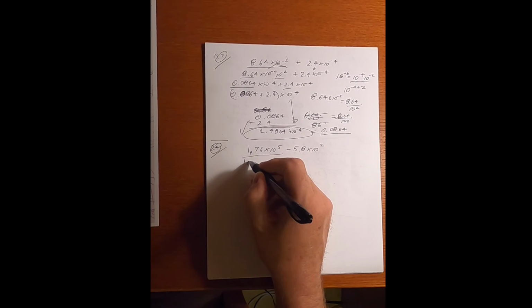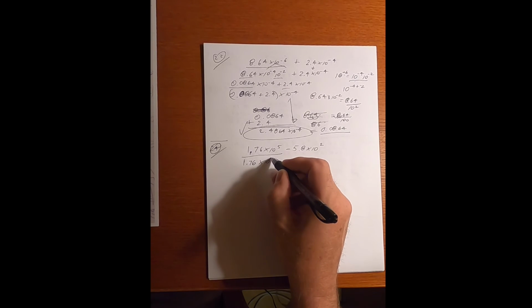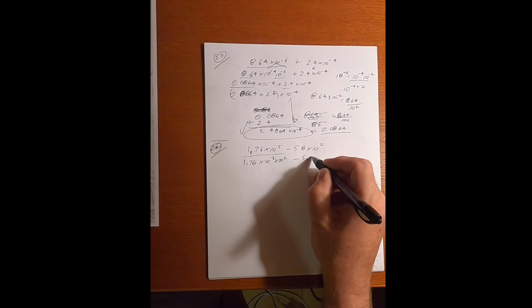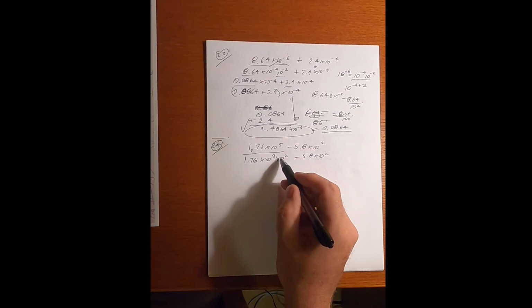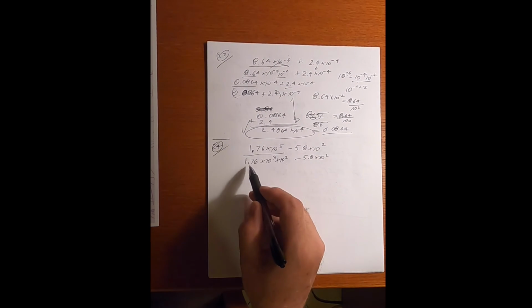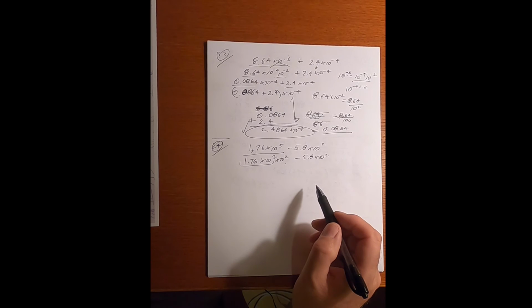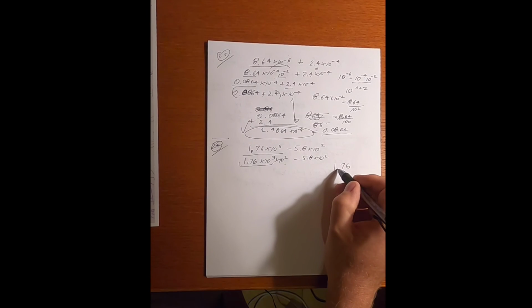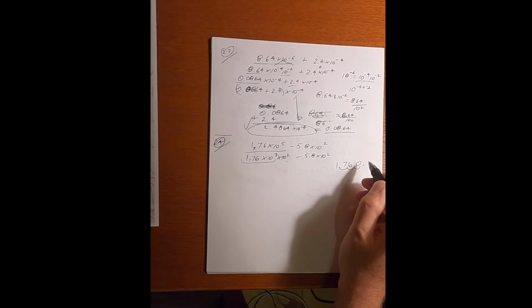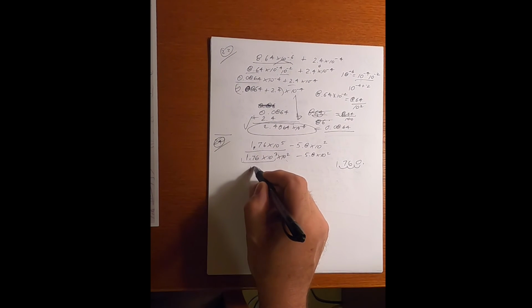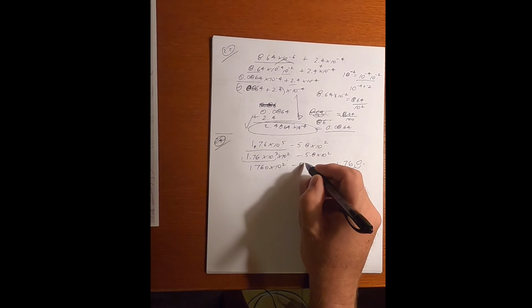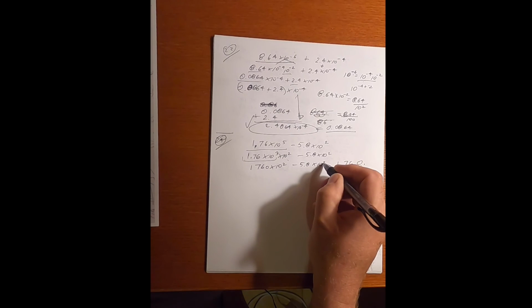Anyways, 1.76 times 10 to the 3rd times 10 to the 2 minus 5.8 times 10 to the 2. So I got these. Now, what happens when I deal with this? Okay, well, that's 1.76. I'm going to move the decimal 1, 2, 3 places, a much bigger number. So this becomes 1760 times 10 to the 2 minus 5.8 times 10 to the 2.